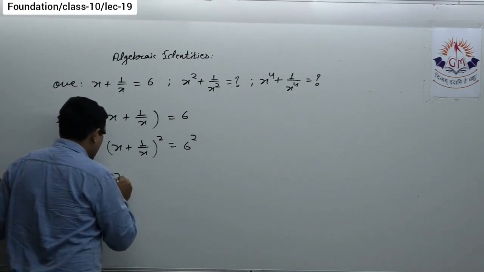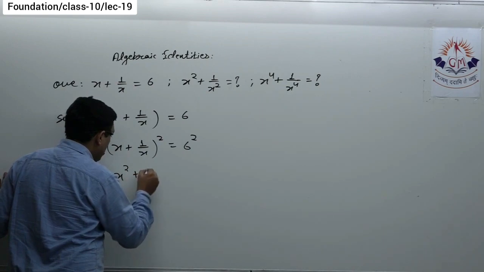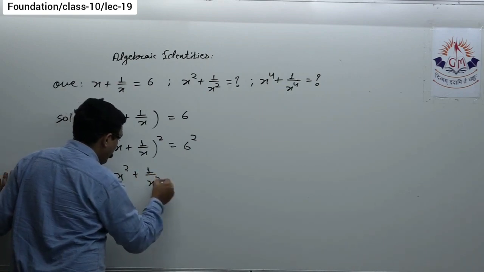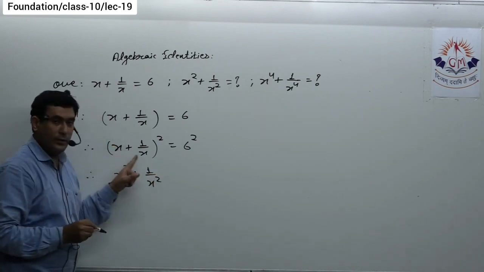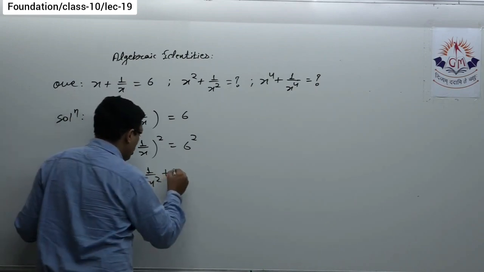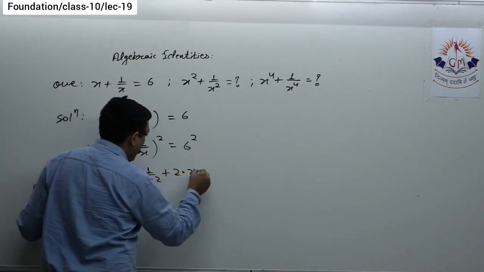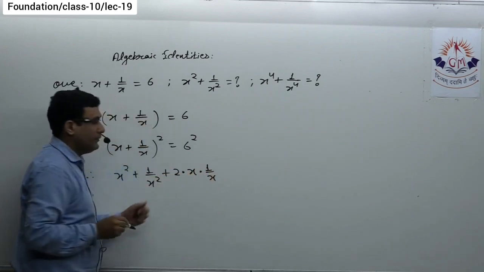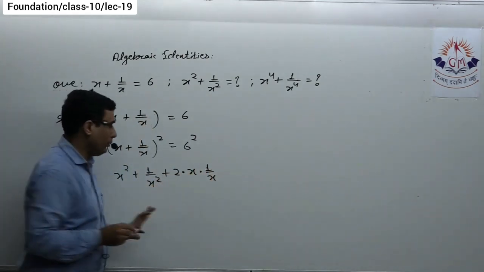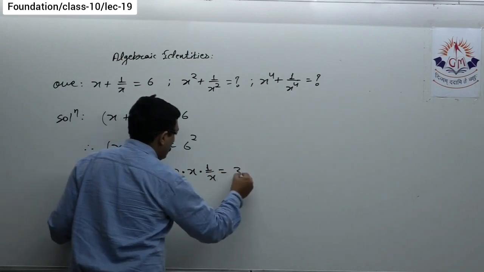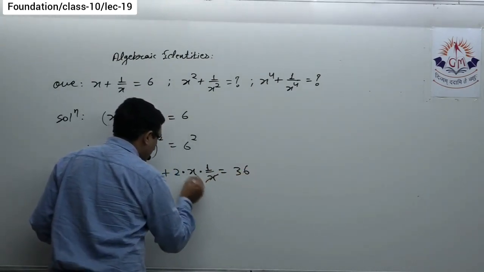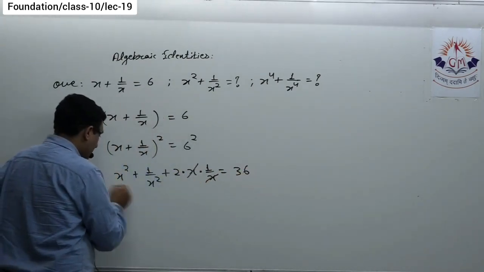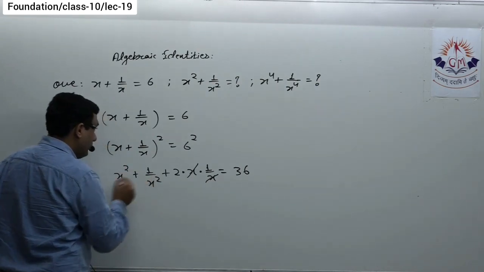On applying that identity, I will get the square of the first quantity, the square of the second quantity, plus 2 into a into b. This dot represents multiplication. Instead of multiplication, I use a dot, is equal to 36. Now you can see this x and x will cancel out, and this is the expression whose value we have to find.